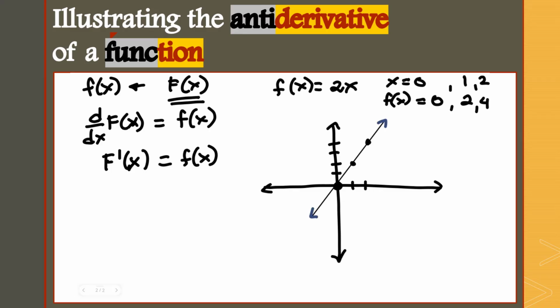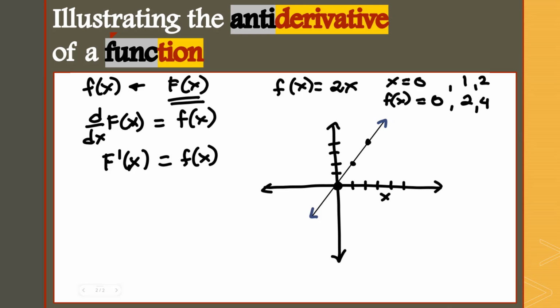Now, the concept of the antiderivative is actually related to the area under a certain curve. Let's just say any x at this region. We don't know that value, let's just say x is somewhere here.